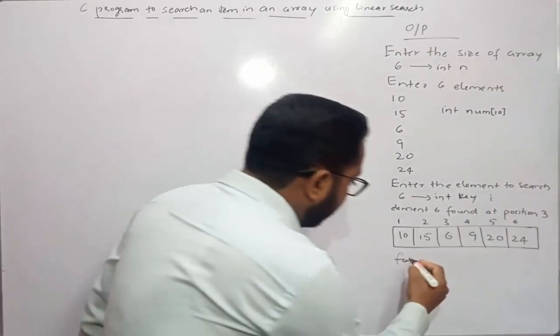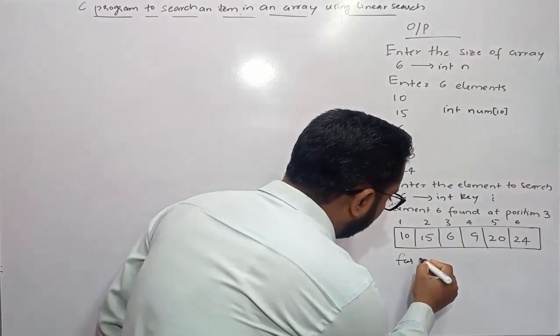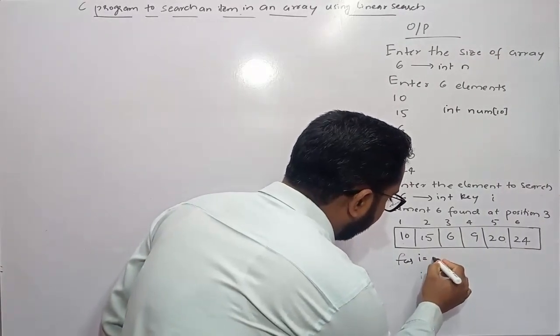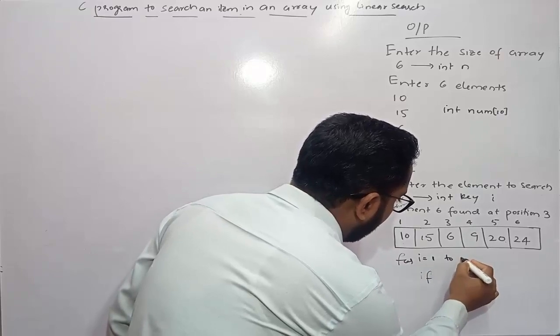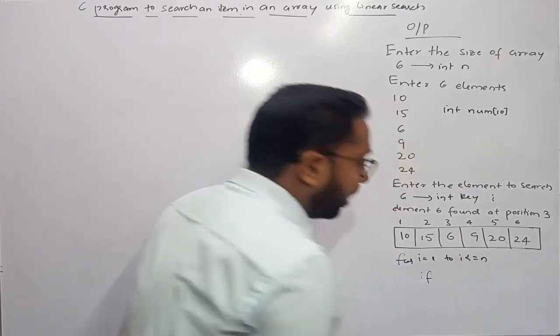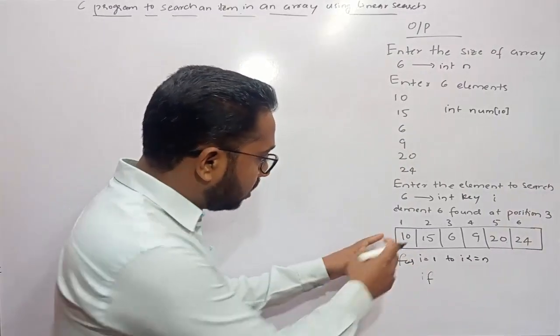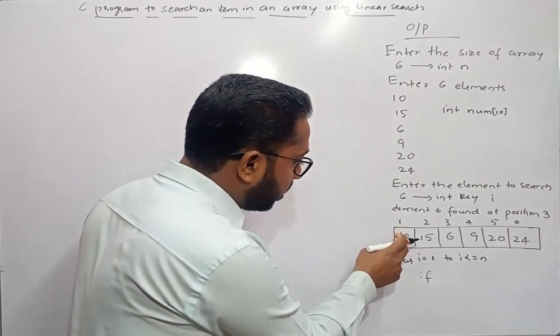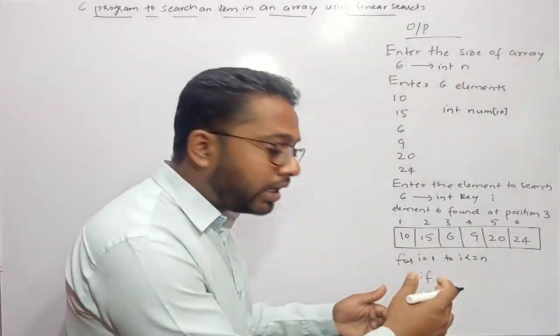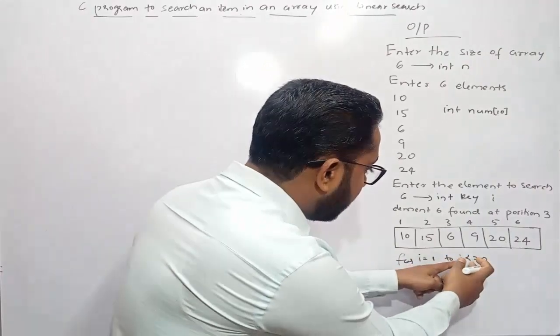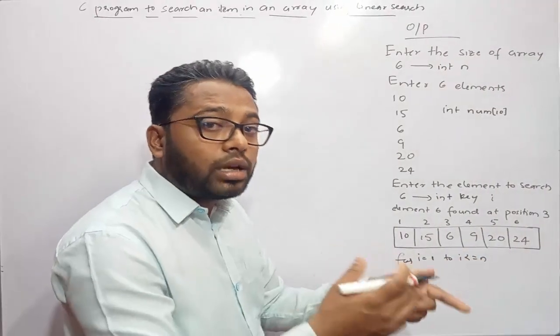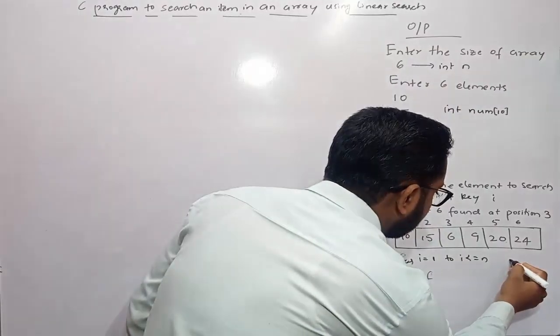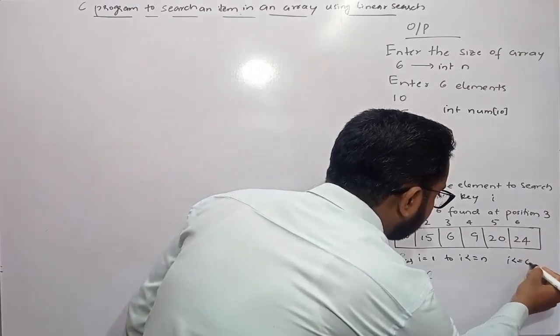Okay, so what I should do is start a for loop from I equals 1 to I less than or equals to n. I will start the for loop from the first location, and how long do I need to iterate? Until the value of I becomes less than or equal to 6.